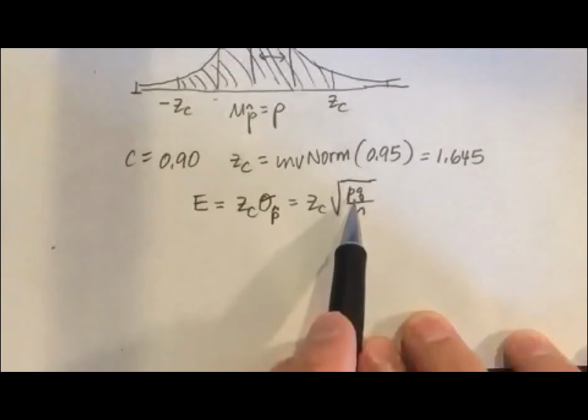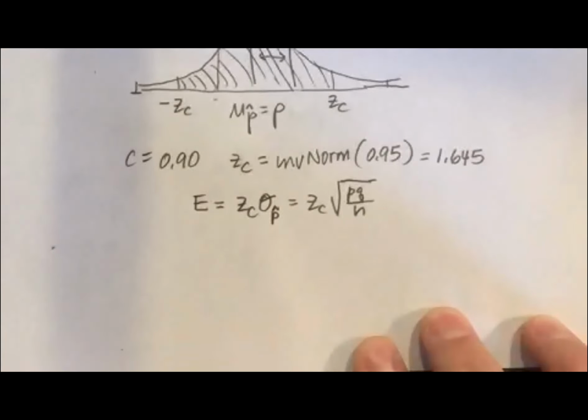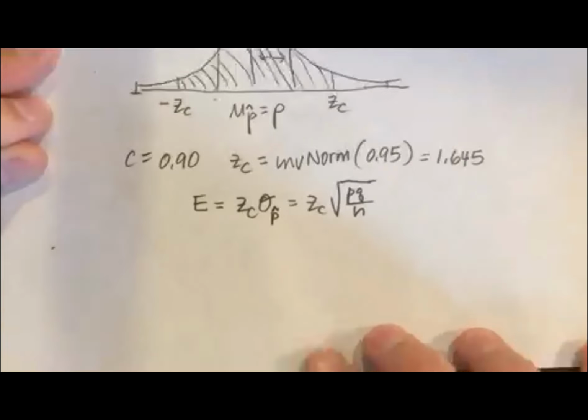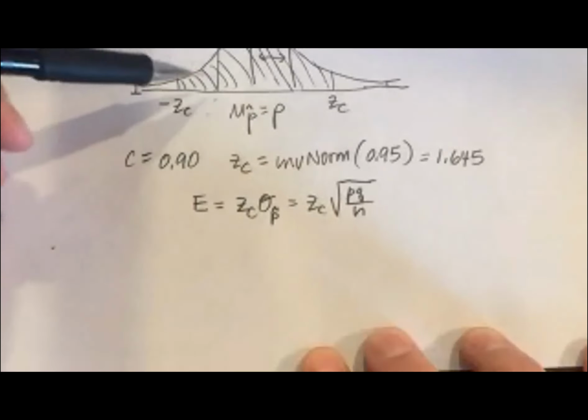Now, we still have a small problem, and that is that we don't know P and Q. In fact, we're trying to estimate them using our sample. And so given that we don't know them, we're going to estimate them using the sample proportion. And that's going to create a little bit of error. When we did that in section 6.2, we noticed that we had to use a student t-curve instead.